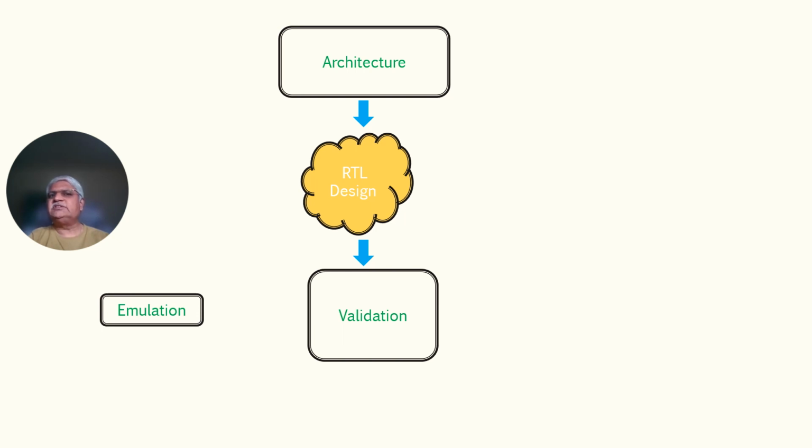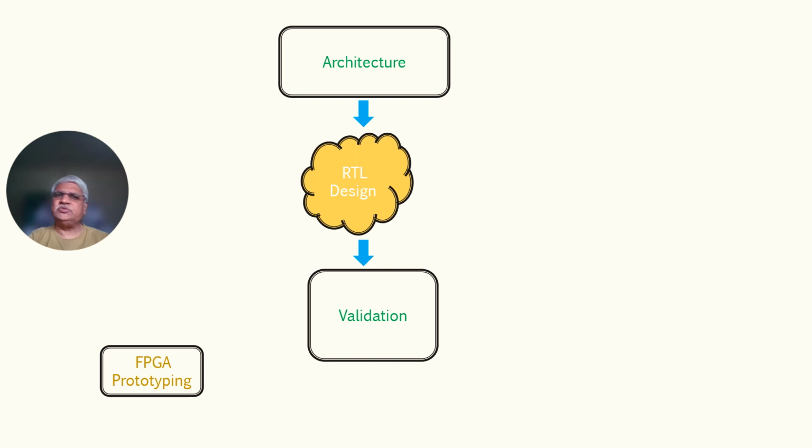Coming to the next part, validation. This is also very important. Here we are talking about virtual prototyping and actual implementation. In the case of virtual prototyping, this is done through emulators.